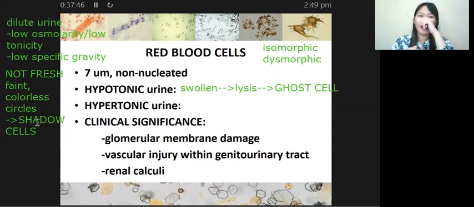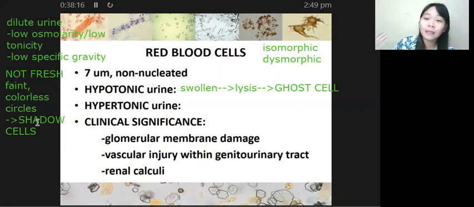Okay? So ma'am, bakit sila nagiging colorless? So this is because of the dissolution. Okay, the dissolution of your hemoglobin in your urine sample. So since hindi fresh yung urine sample natin, ibig pong sabihin the RBCs have been in contact with your urine sample for a prolonged period of time, ano ang nangyayari?